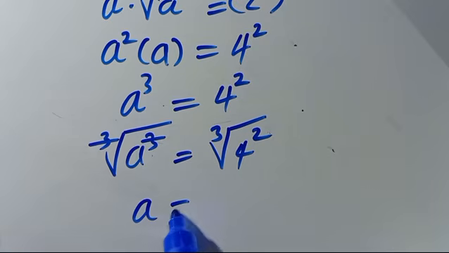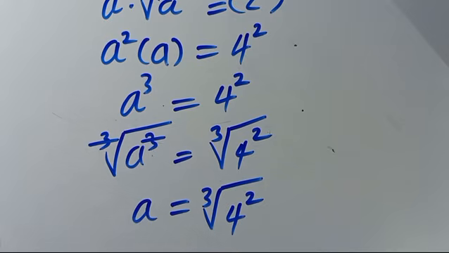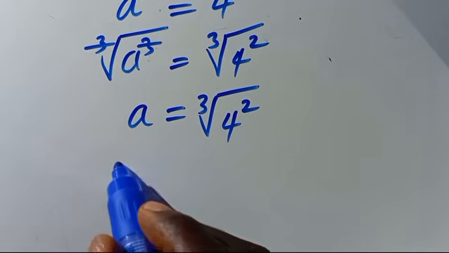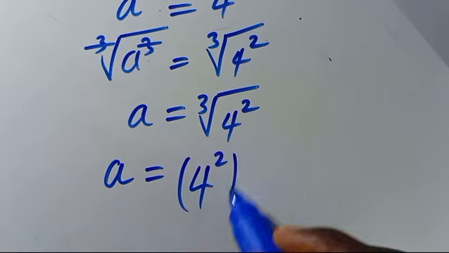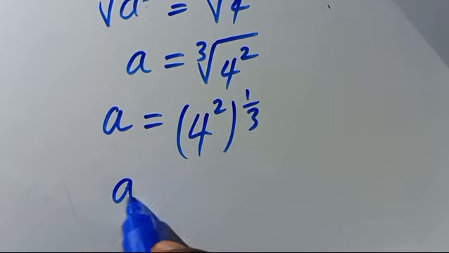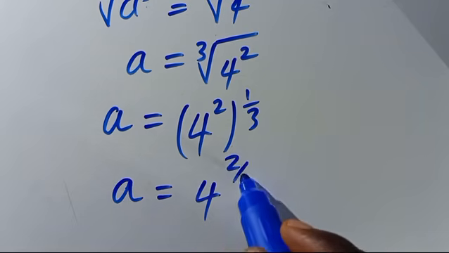We have a equals cube root of 4 to the power of 2. So from here, we have a equals 4 to the power of 2 to the power of 1 over 3. So a will be 4 to the power of 2 times 1, which is 2 over 3.